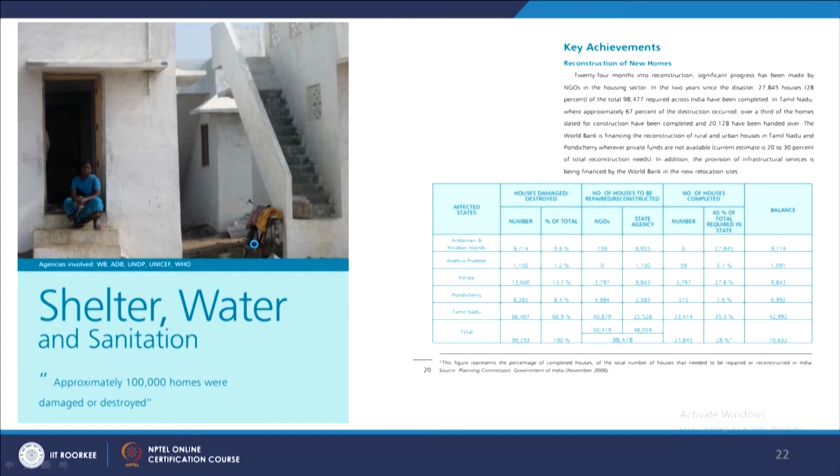Now when we talk about shelter, water and sanitation, they look at different segments. They look at different states: the number of houses damaged, the percentage reconstructed and completed, what the balance is, and why they are delayed.